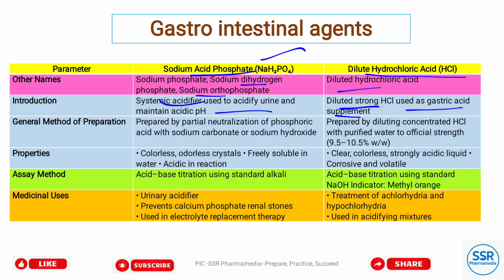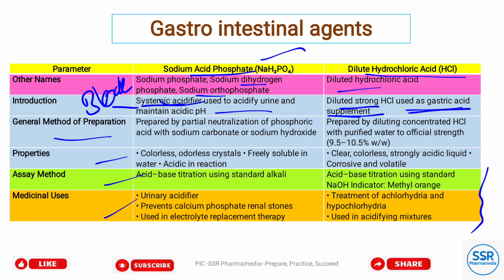Dilute hydrochloric acid is used as a gastric supplement for digestion, and sodium acid phosphate is a systemic acidifier. Whenever the blood becomes alkaline, sodium acid phosphate is used as a systemic acidifier to neutralize the alkalinity. The general methods of preparation, other properties, assay methods and main uses of these compounds, you can read by taking a screenshot.